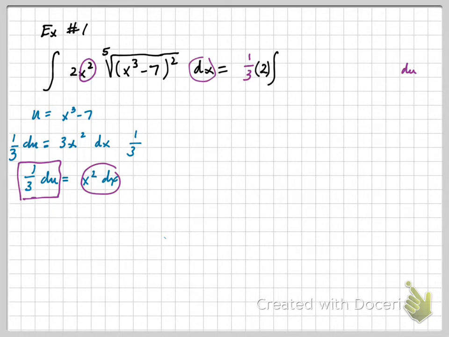What I circled in orange right here, that's going to be substituted with a u. So this actually, I don't need as much space as I made, but oh well. It's going to be u, and it's the 5th root of u squared. Let me bring that du over because I certainly don't need it that far over.